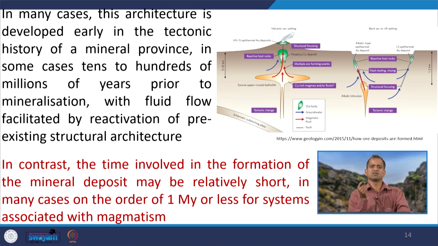In contrast, the time involved in the formation of a mineral deposit may be relatively short, in many cases on the order of 1 million years or less, for systems associated with magmatism. So, once room is available, whenever we are producing minerals by any of the processes, we can provide sufficient room for that. Otherwise, we will create minerals, but we do not have room, so that we cannot preserve it.